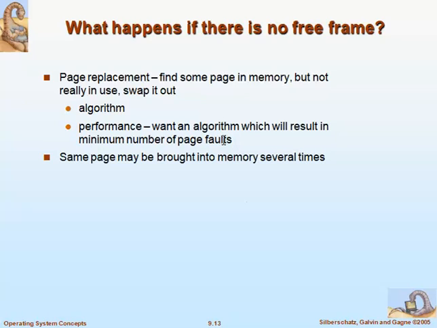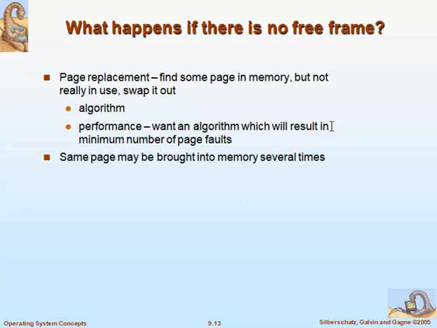Whenever a page fault happens, this is an additional overhead. Whenever memory access happens without a page fault, the memory access time is very small compared to when there is a page fault.